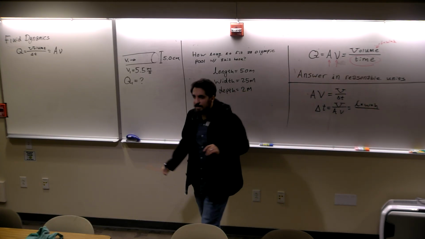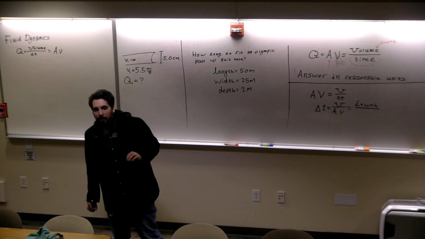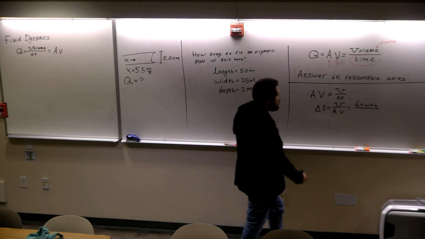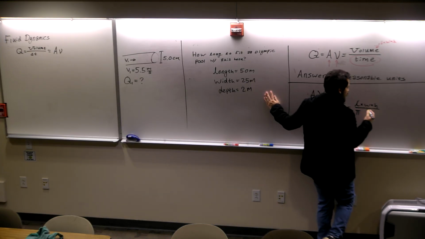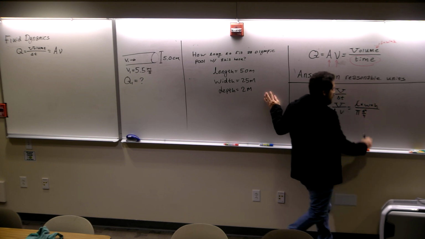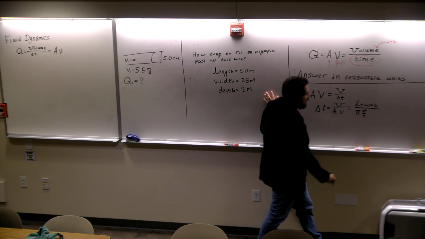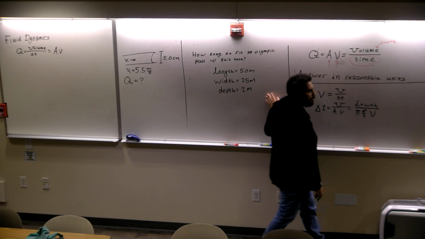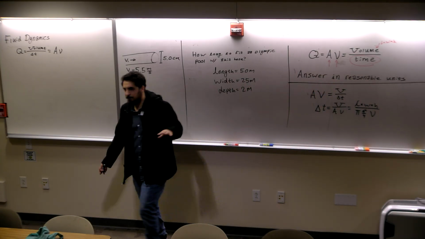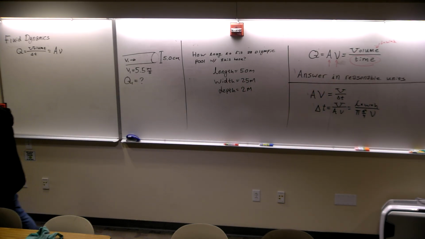And we divide that by the area of our hose, which is going to be pi times diameter squared over 4. We multiply that by the velocity, 5.5 meters per second. Now you can calculate out the flow rate first and plug the flow rate into the bottom of the fraction here. I'm just doing this all in one step. Calculate this out.